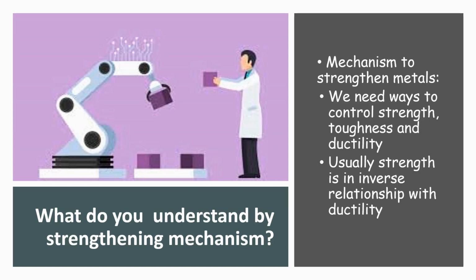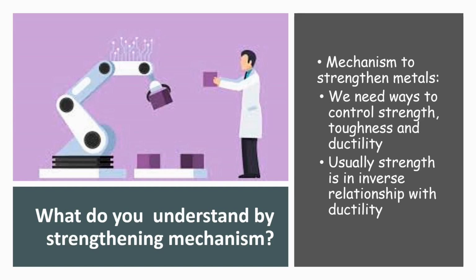We know that your role as a materials engineer is to design alloys with high strength, ductility, and toughness. But the challenge is to balance the strength, toughness, and ductility in alloys. When we increase strength, it often reduces ductility, and we need to find a compromise between these properties.